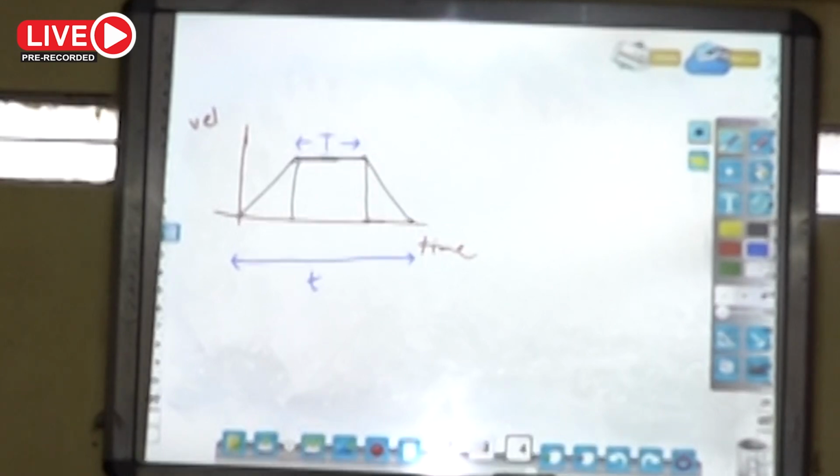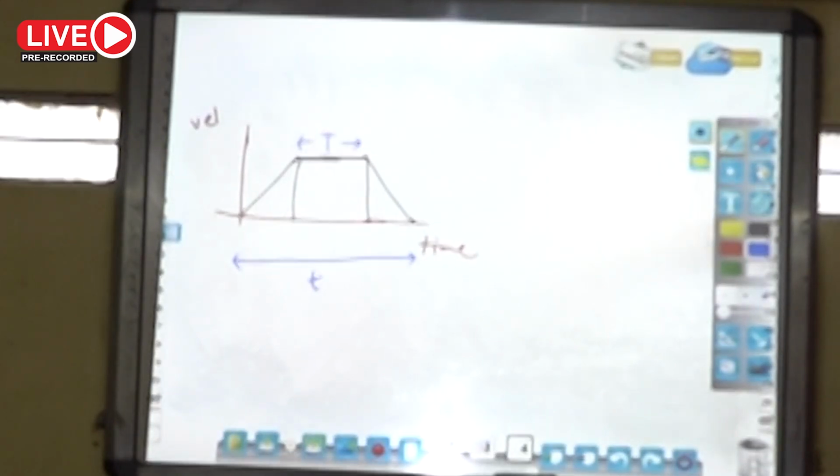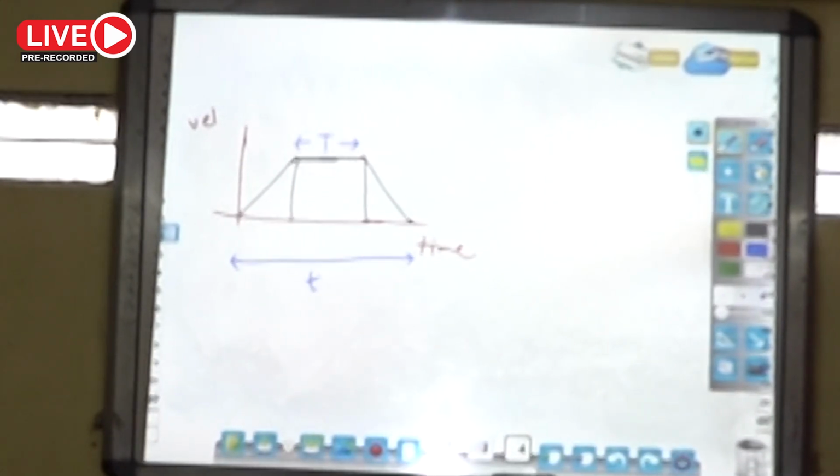Then just tell me, if uniform velocity takes time capital T, then how much time is left for acceleration and retardation? Small t minus capital T. And that should be equally shared between acceleration and retardation because they have the same magnitude.